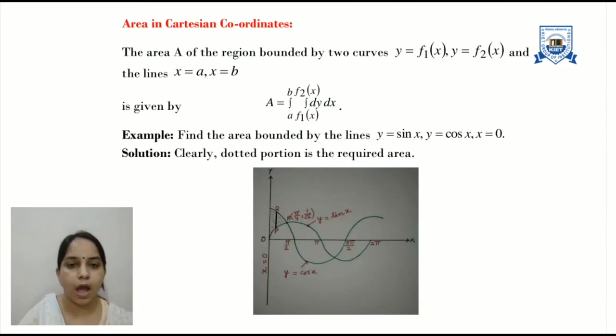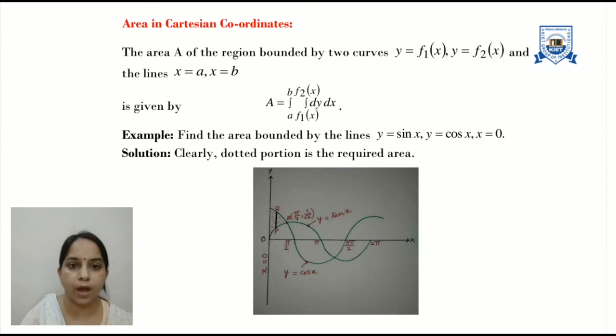First of all, I am starting with area in Cartesian coordinates. The area in Cartesian coordinates is calculated by double integration using the formula A equals double integration dx dy or A equals double integration dy dx under the required limits.